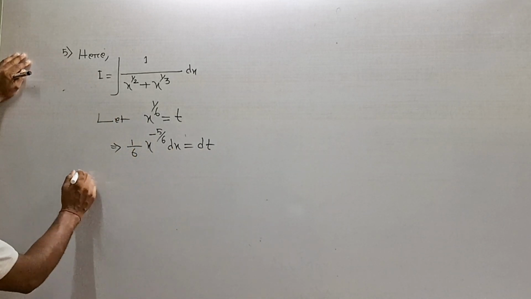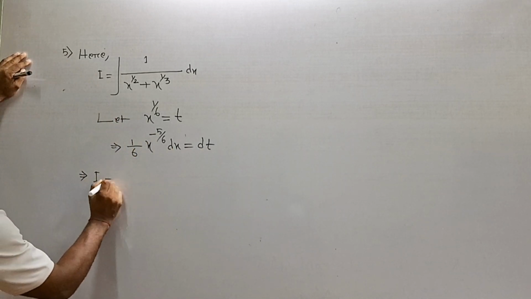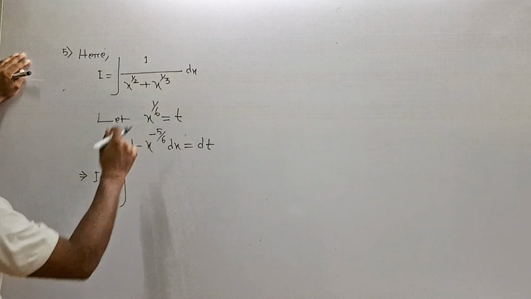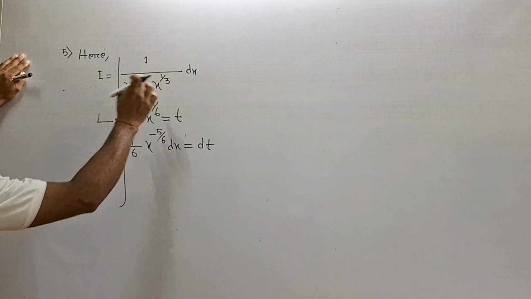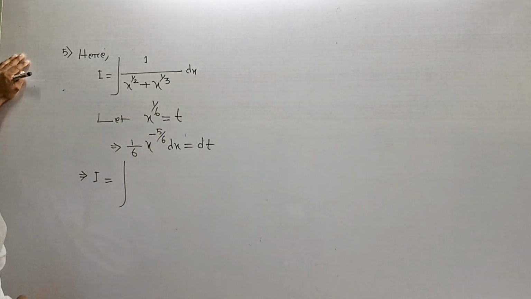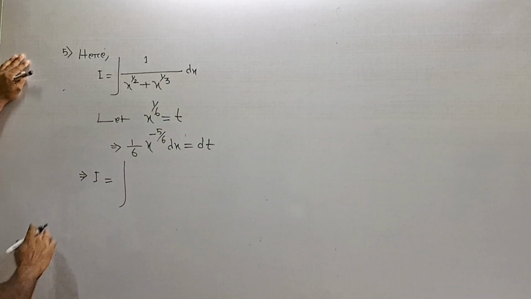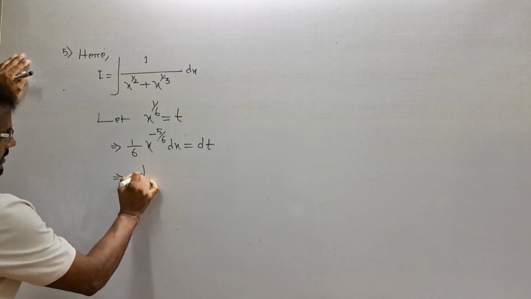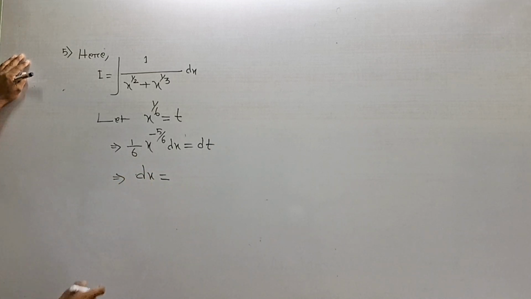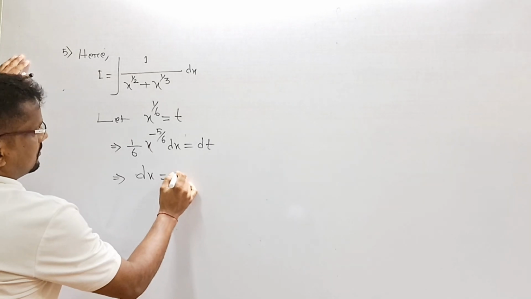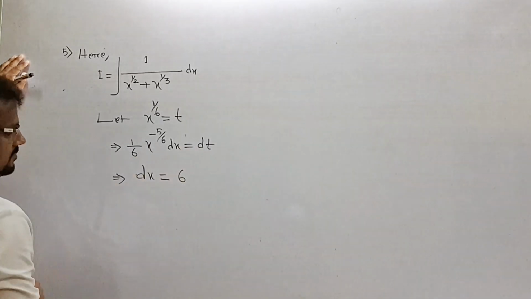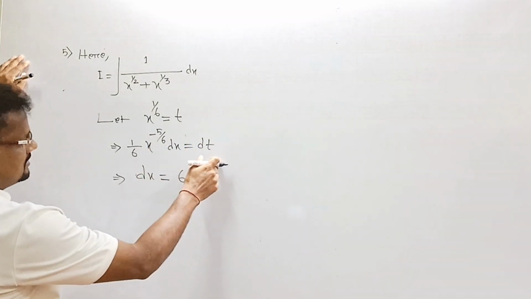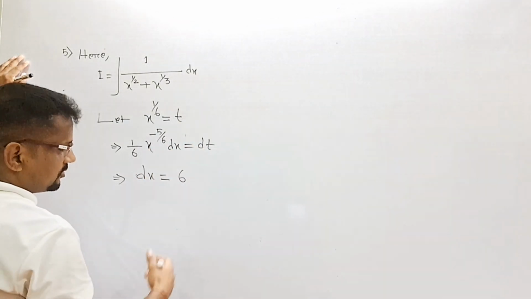Now you see here, let us put the value in I equals the integral. Here dx, you have to get the value of dx. For that, what to do? You just write dx equals 6 times, 6 will come to this side, and x to the power negative 5/6, if you transpose it to this side, it will be positive.